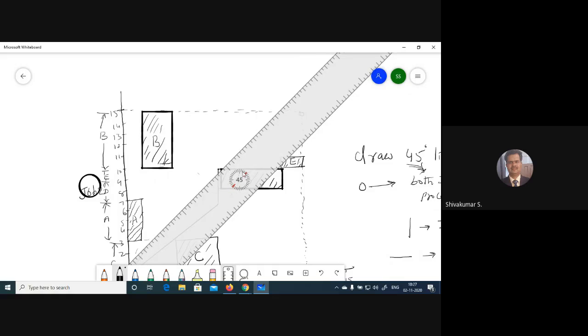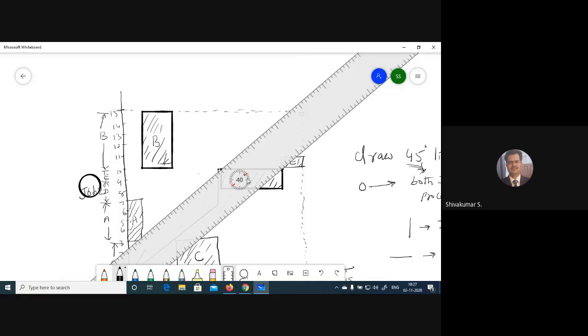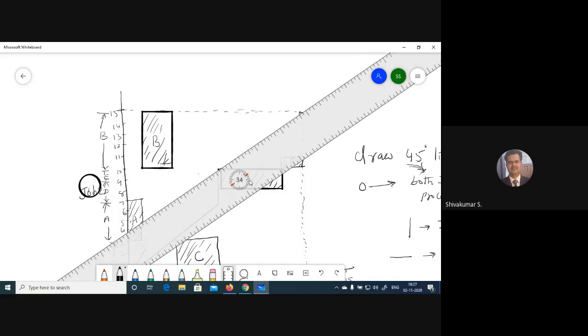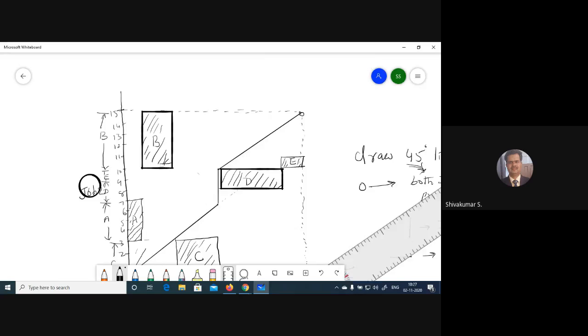From here, if you draw a line, it should be a 45-degree line only, and you get it like this.